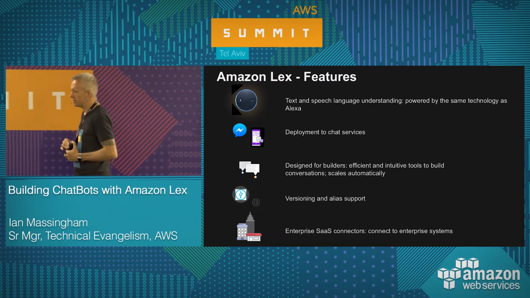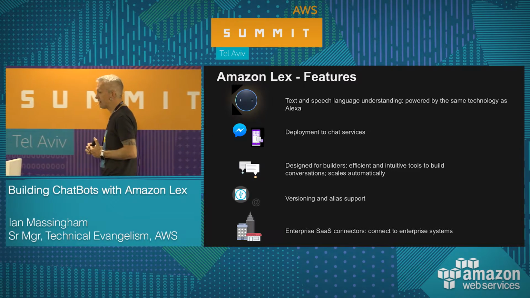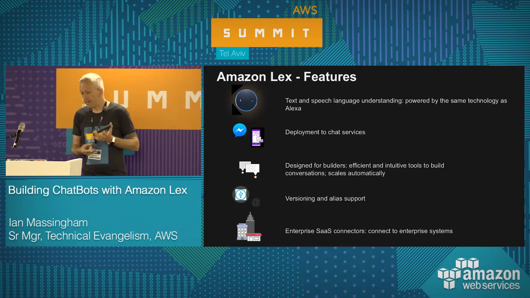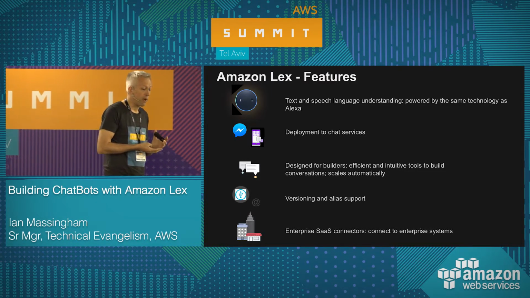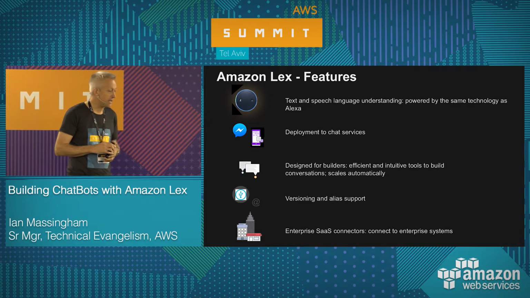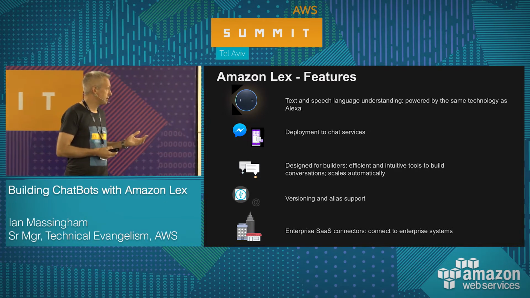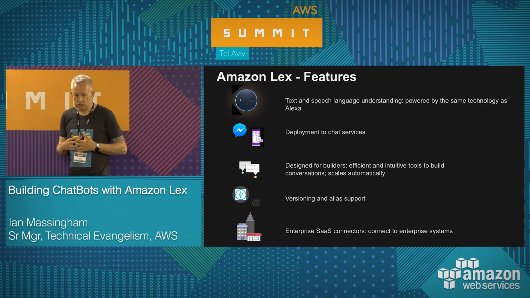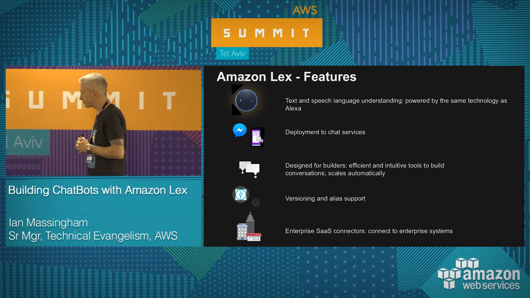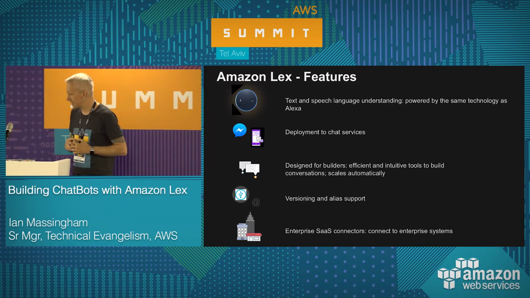Deployment to chat services, those repeatable activities around integrating with Facebook, with Slack, deployment into mobile devices as well with mobile SDKs. We've built some capabilities around workflow for application development, which I'll show you later, including versioning and alias support. We've built these enterprise SaaS connectors.